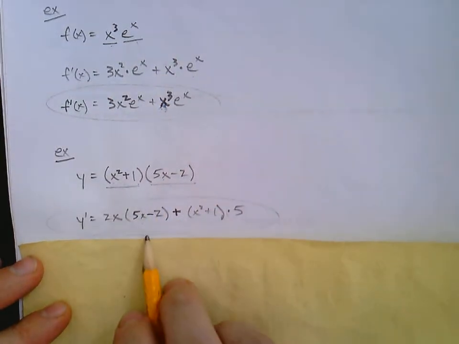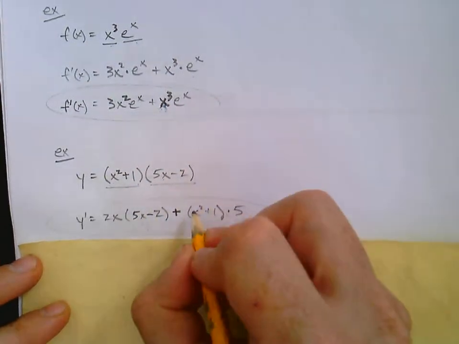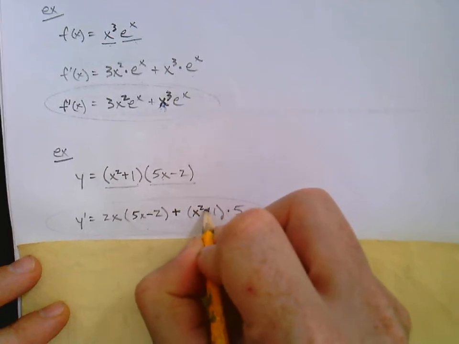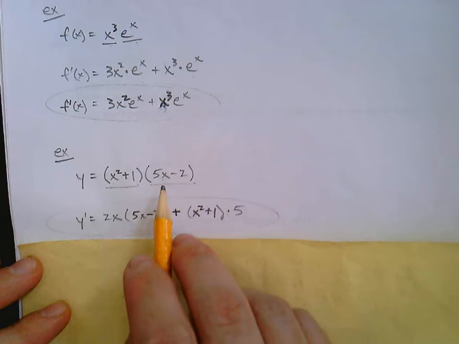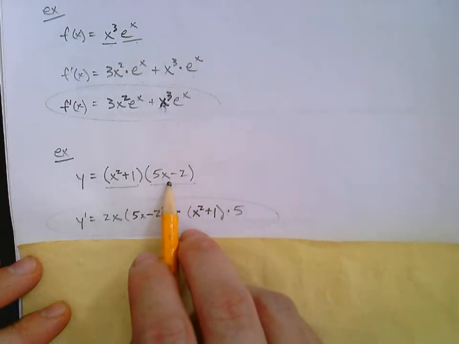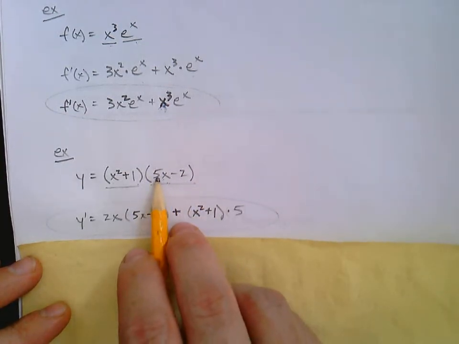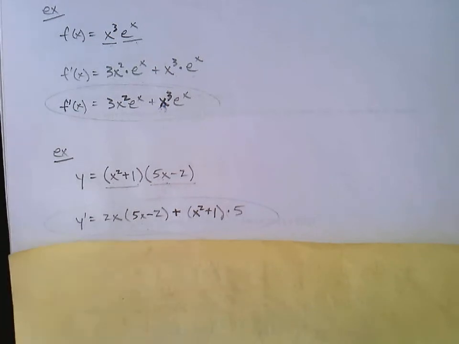5x minus 2. Then we add, and we're just going to copy the first one, multiply, and now take the derivative of 5x minus 2. Well, that derivative is simply 5. So there you go. And now you might think, well, couldn't we multiply that out and simplify?